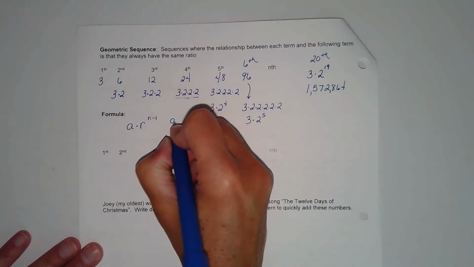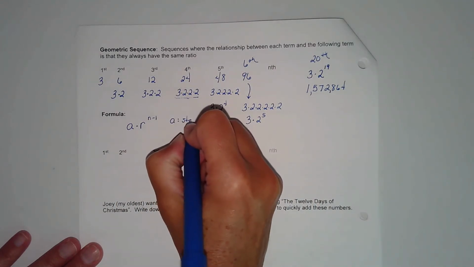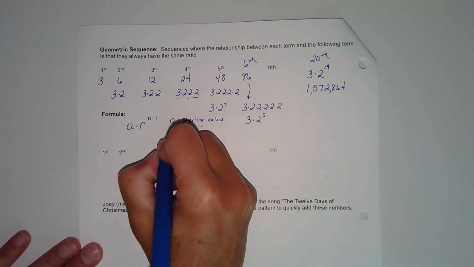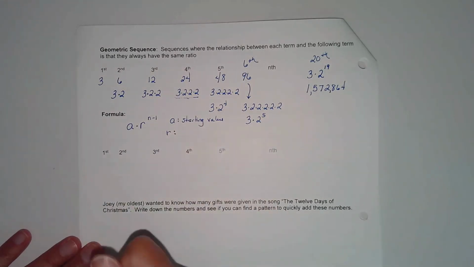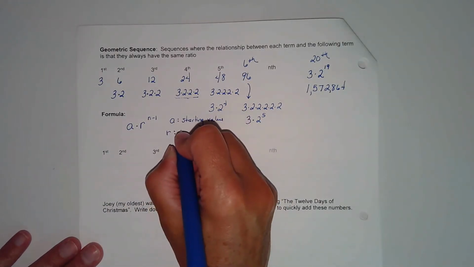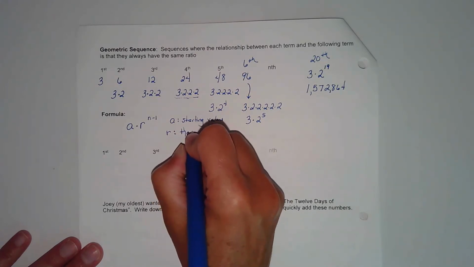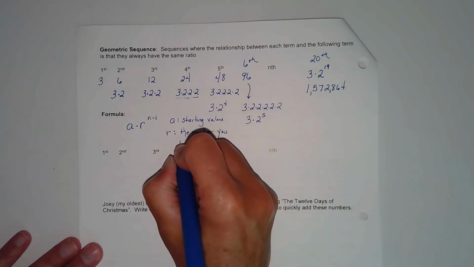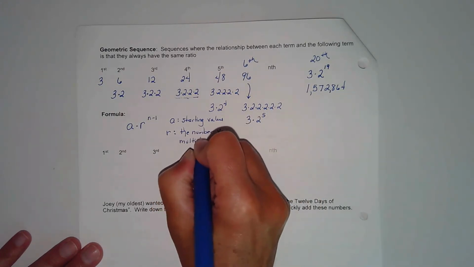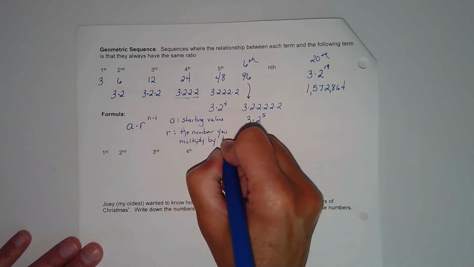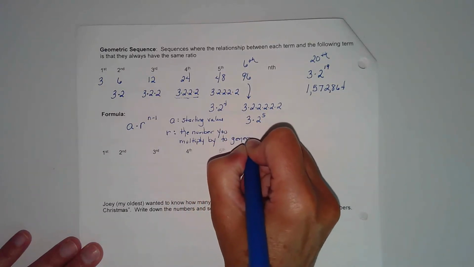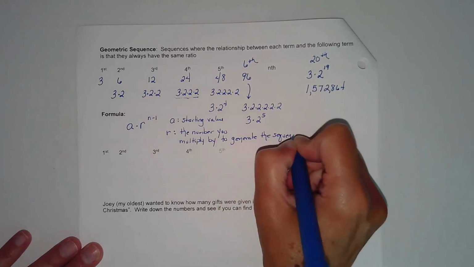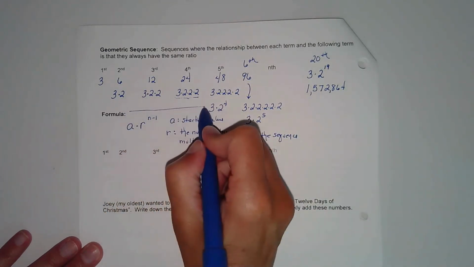A is your starting value, like always, and R is the value being multiplied to generate the sequence, the number you multiply by to generate the sequence.